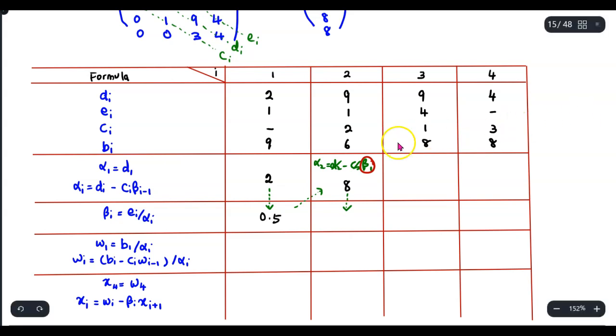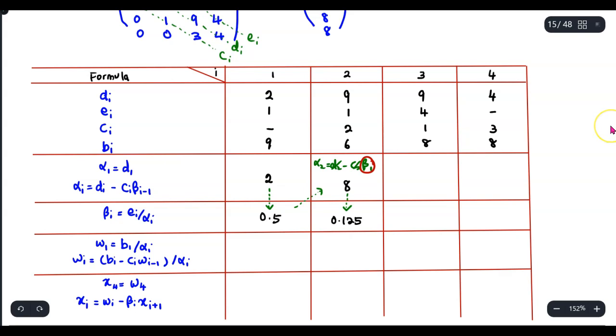What is beta 2? Beta 2 is E2 over alpha 2. E2 is 1, alpha 2 is 8. So 1 over 8, and in terms of decimals, it is 0.125.